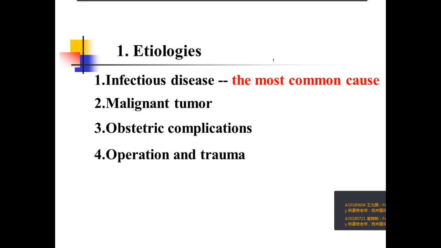The last, operation and trauma. What leads to coagulation function increase? Tissue factor. Operation and trauma may lead to tissue factor moving into the blood, stimulating the extrinsic coagulation pathway.